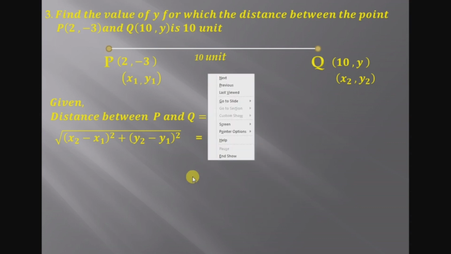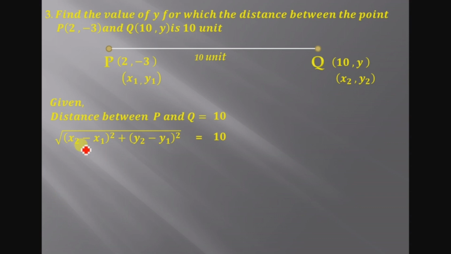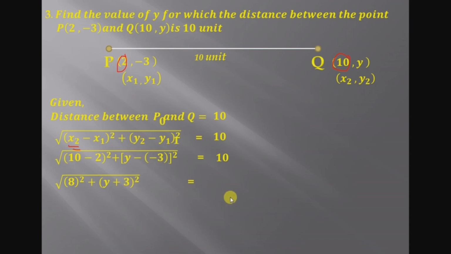is equal to 10 units. Now the value of x2 is 10, the value of x1 is 2. So (10 minus 2) whole square plus the value of y2, which is y itself, minus the value of y1, which is -3, whole square is equal to 10 units. 10 minus 2 is 8 square, plus y minus into minus is plus 3, whole square is equal to 10.